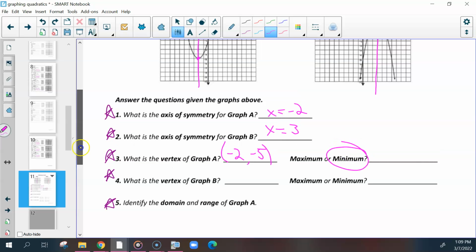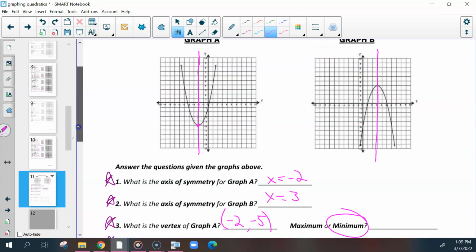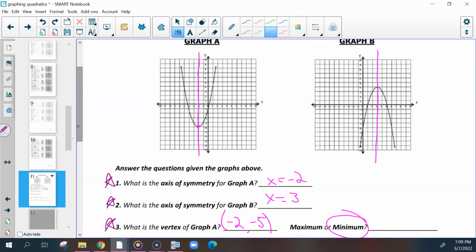What would the vertex of graph B be? Either looking for the highest or the lowest point. Whatever the highest is.